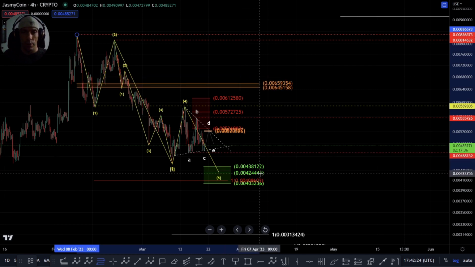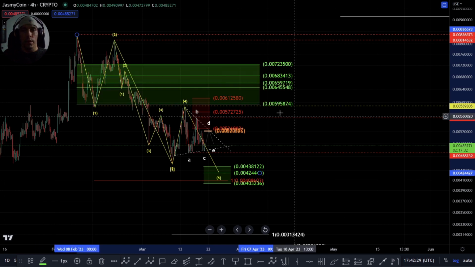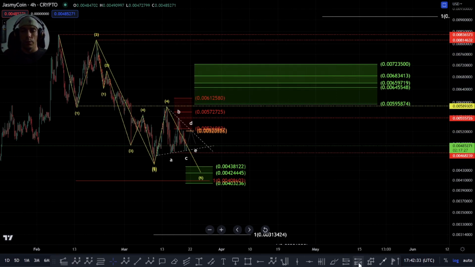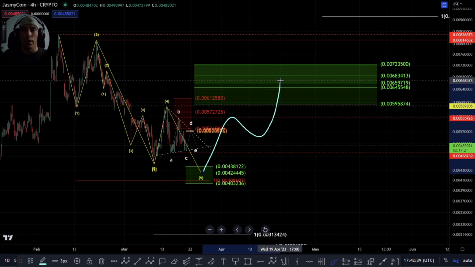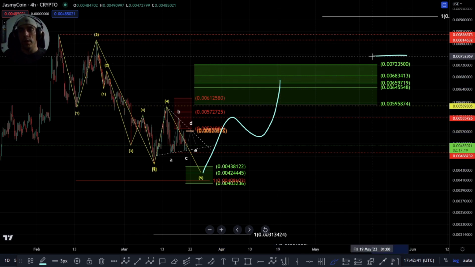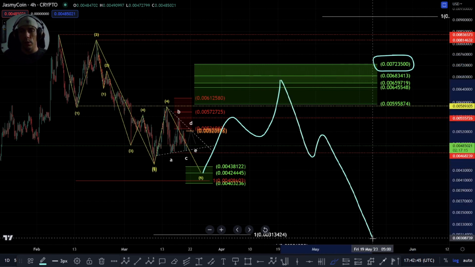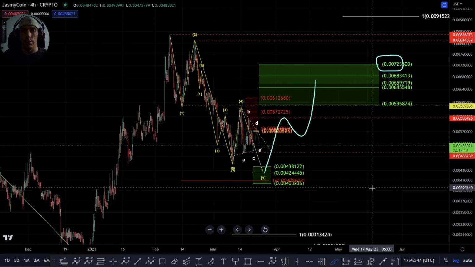Potentially, what we would want to see here is confirmation of this looking to break down directly from here. What we'd then want to see is a three-wave move to the upside, potentially really wanting to stay below this 7235, and then looking for continuation again in another five-wave structure.